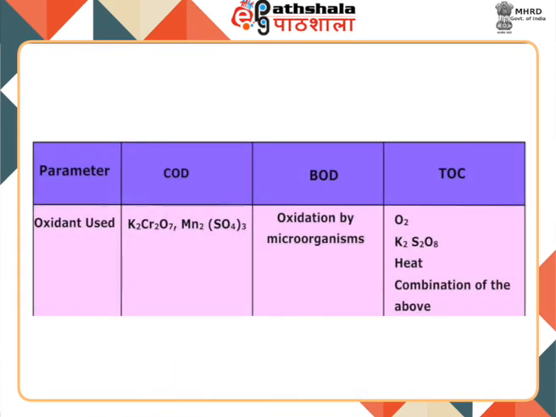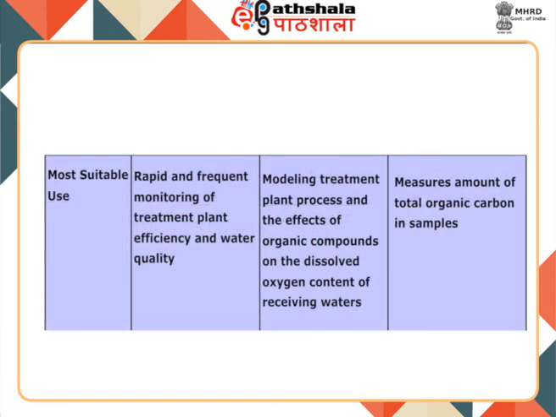Now, this table summarizes the differences in BOD, COD and TOC. First, oxidant. COD uses potassium dichromate or manganese sulfate. In BOD, oxidation is done by microorganisms, while in TOC it is done by oxygen, K2S2O8, heat or a combination of the above. Now, most suitable use. COD is for rapid and frequent monitoring of treatment plant efficiency and water quality.